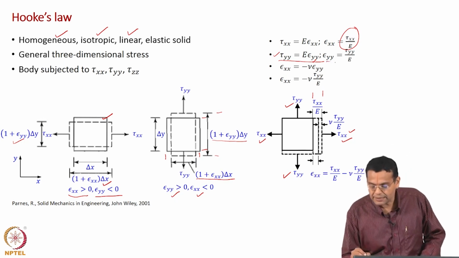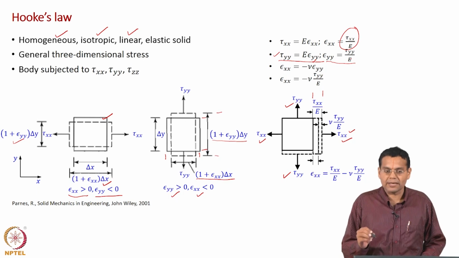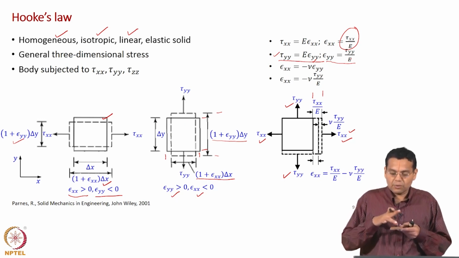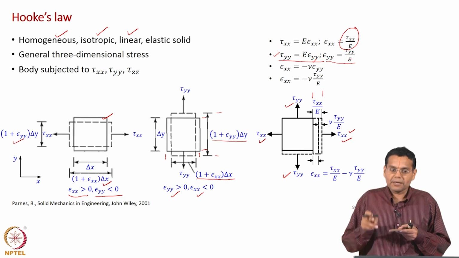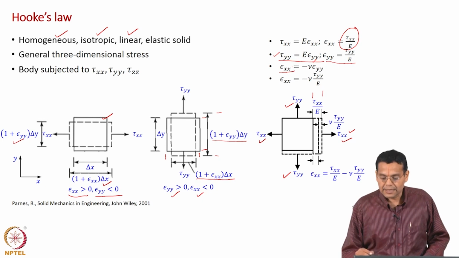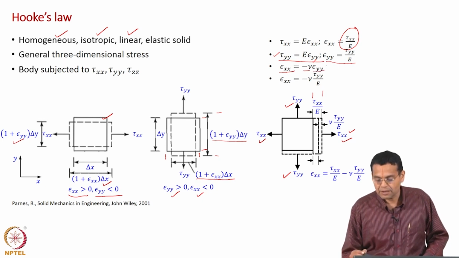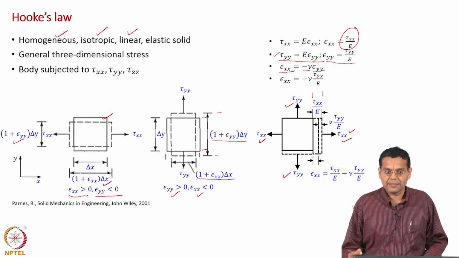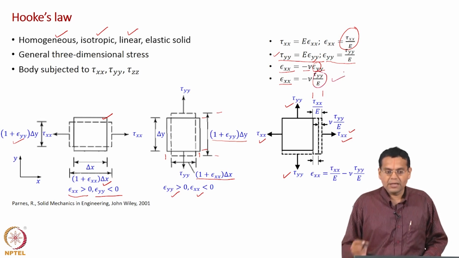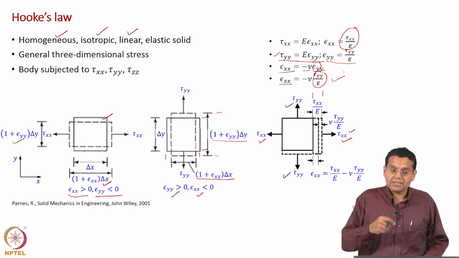I write that relationship for normal strain along y direction: epsilon yy is equal to tau yy by E. Now, my direction of stress is along y direction, so x becomes the perpendicular direction. So, normal strain along the perpendicular direction is minus nu times the normal strain along the direction of stress. When we substitute for epsilon yy in terms of tau yy by E, we get the expression for normal strain along x direction due to normal stress along y direction.